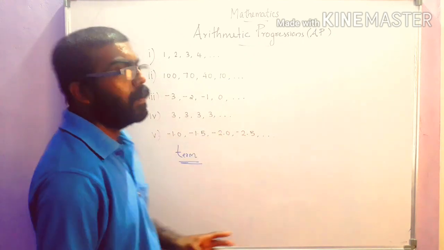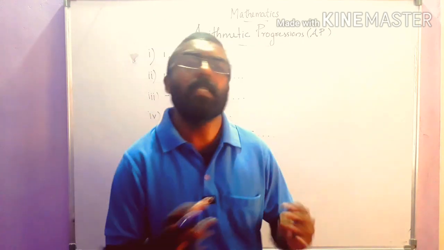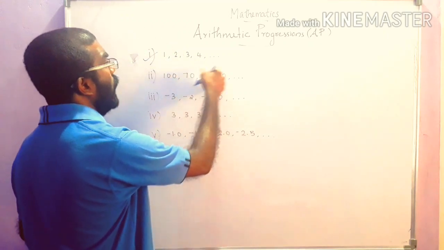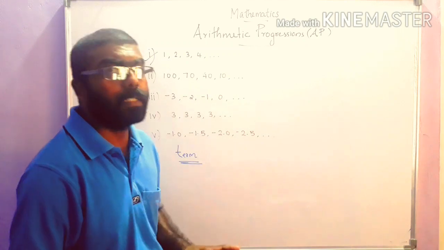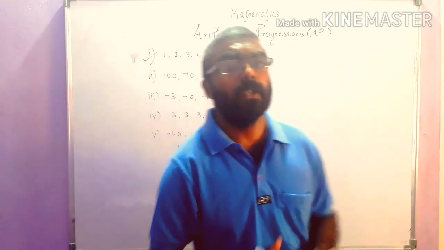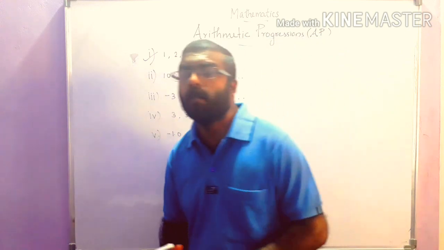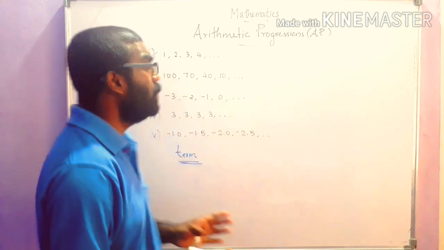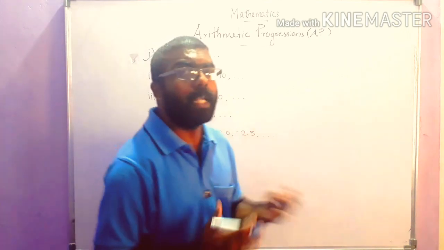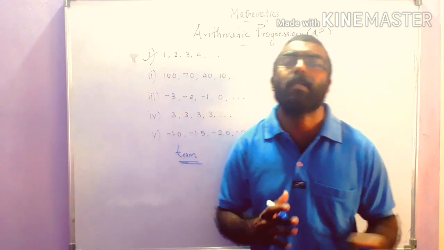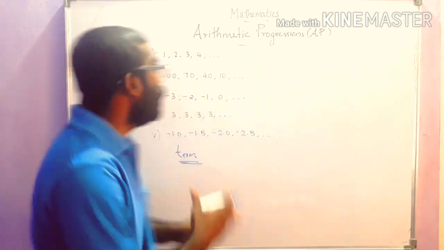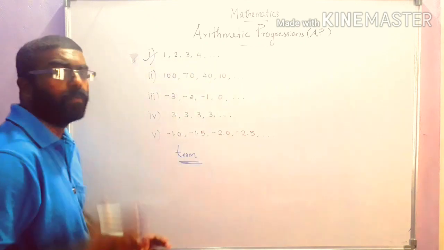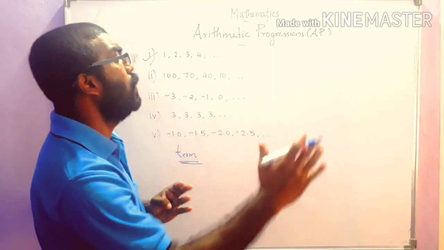Okay. So the first example here is 1, 2, 3, 4 and so on. And we all know that this list of numbers is called what? Natural numbers, the numbers used for counting. And each number is obtained by adding 1 to the preceding number. That means 1 plus 1 gives 2, 2 plus 1 gives 3, 3 plus 1 gives 4, 4 plus 1 gives 5, and so on.